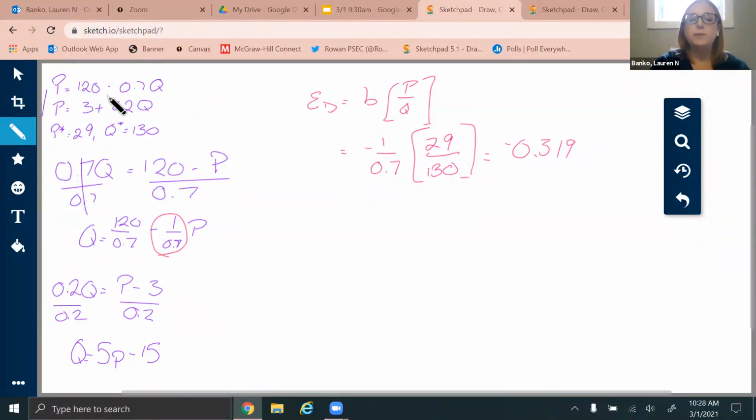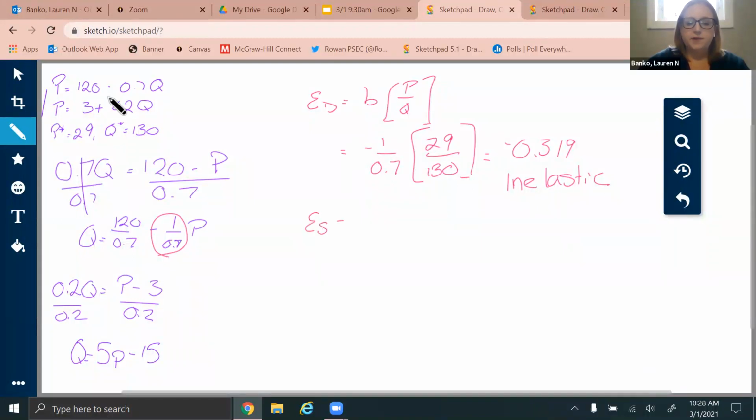We don't have income and we don't have the price of other goods. So it has to stick to just talking about the elasticity of demand, whether this in absolute value is greater or less than 1, and it's less than, so this is an inelastic demand.